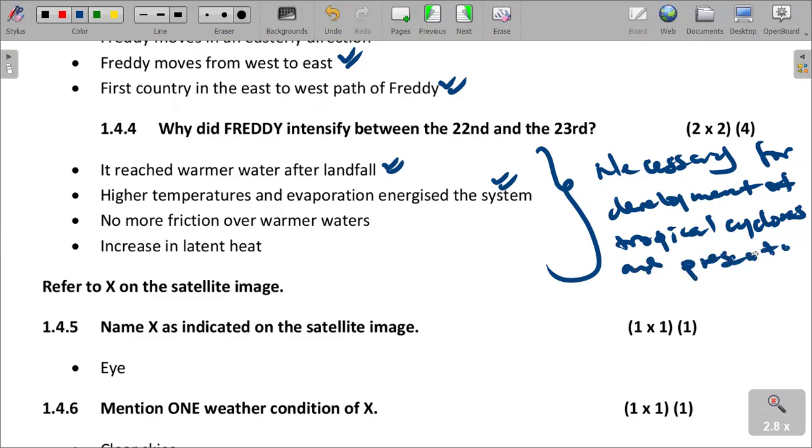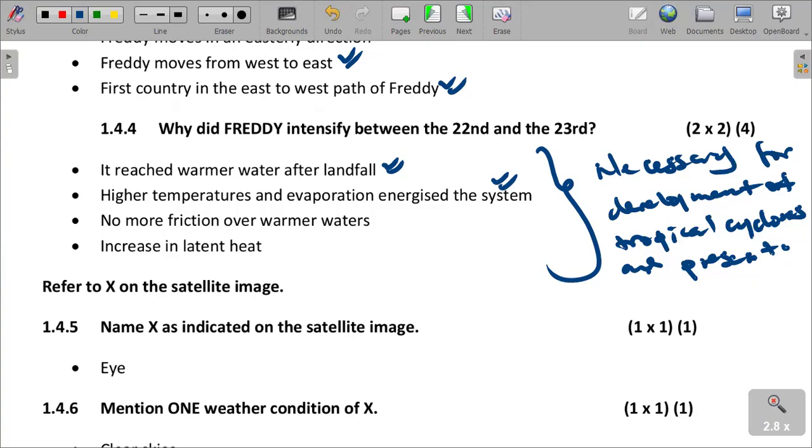So the examiner is trying to test whether we know what causes an increase, what energizes, what propels the development of tropical cyclones. So we are talking about higher temperatures and evaporation that facilitate and energize the system.